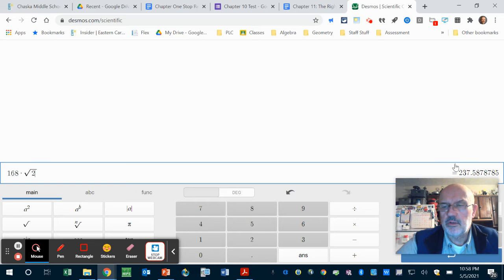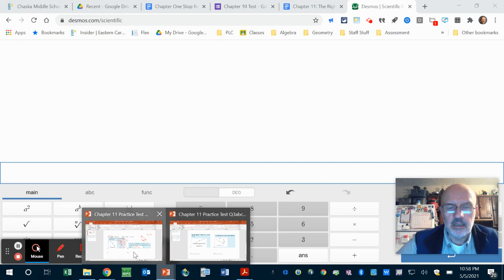And as you can see, we get 237.6 if we round to the nearest tenth. So it does work. That's what we do when we have either the diagonal of a square or an isosceles right triangle. And so we have to be aware of that. All right.